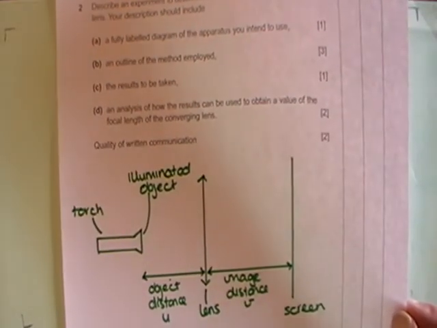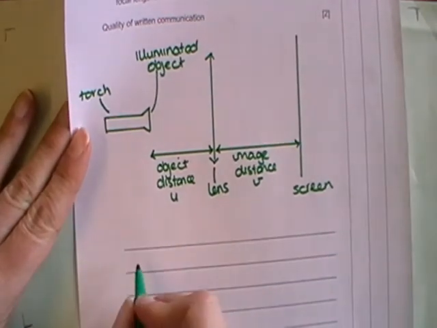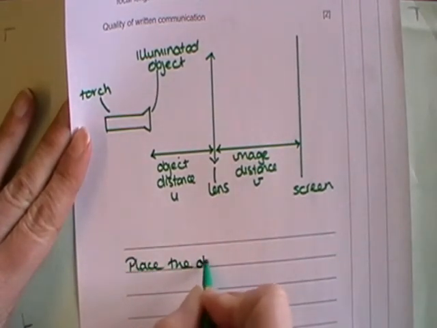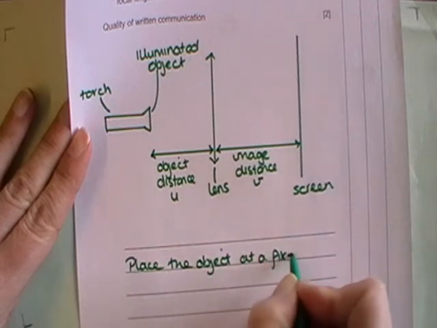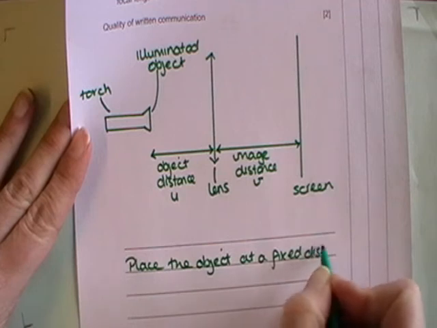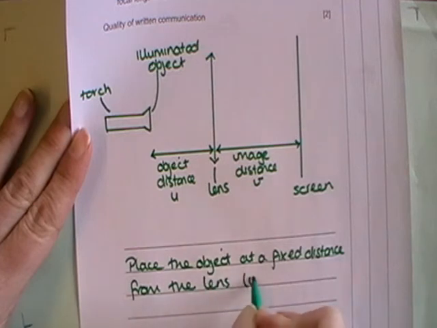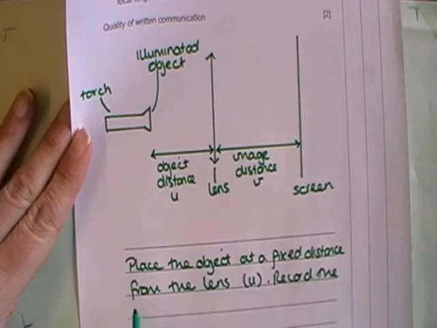Part B then is the practical method to be employed. The first step is place the object at a fixed distance from the lens, and this is u, and record the value of u.